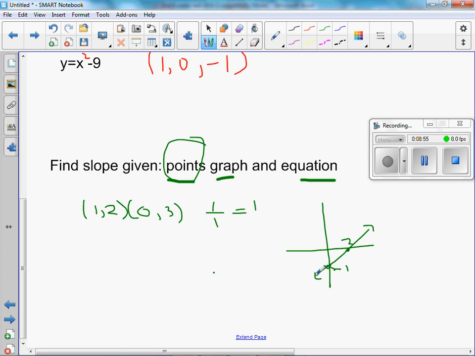You're going up a hill, so it's a positive 1 over 2. Then if you have the equation y equals 3x plus 7, it's already in y equals form. You may have to switch it, but you know how to do that too. The slope is by the x, so the slope is 3.